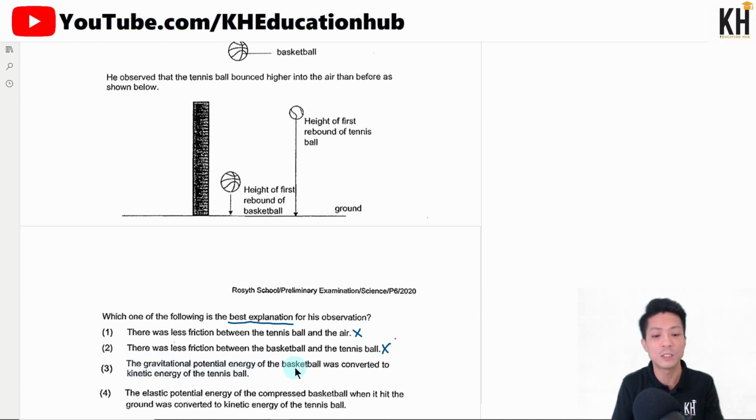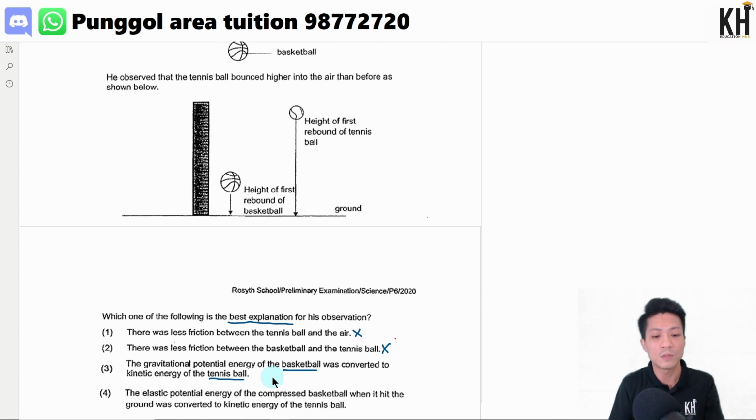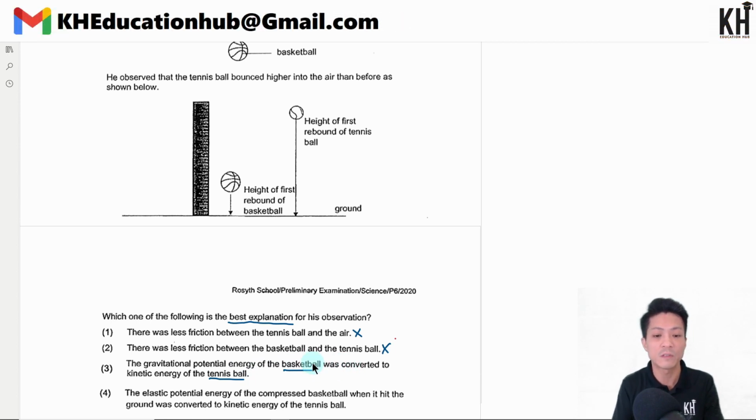The gravitational potential energy of the basketball was converted to kinetic energy of the tennis ball. The thing that they failed to mention is that the gravitational potential energy of the basketball will be converted to the elastic potential energy of the basketball, which then will be converted into kinetic energy of the tennis ball.